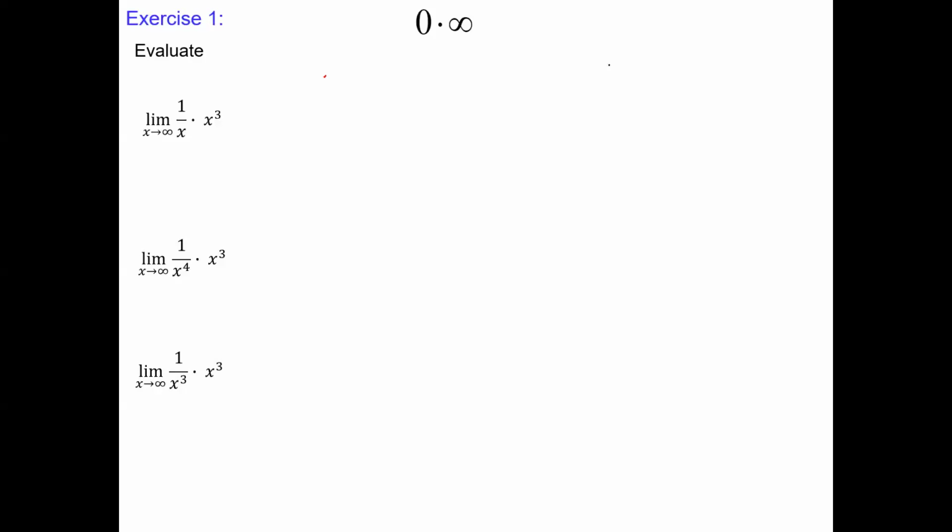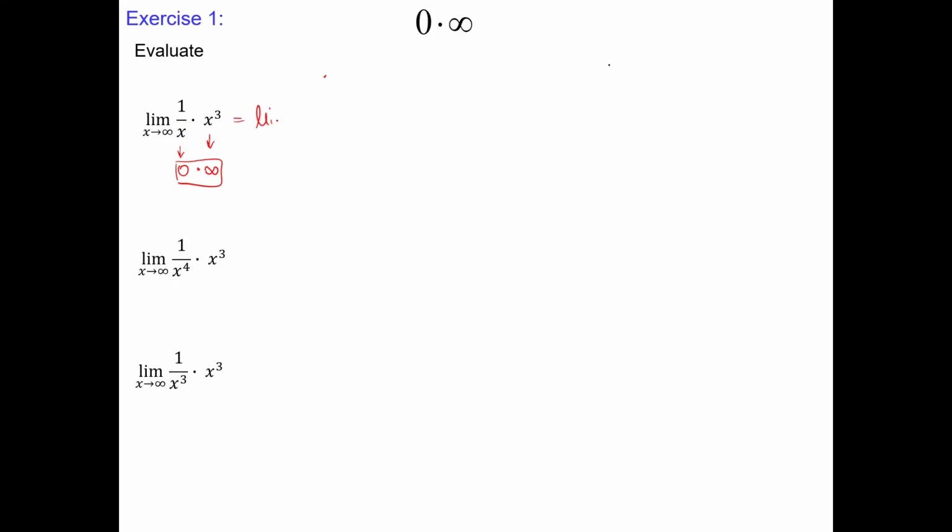We have 3 limits on this page. They are all at infinity. As x approaches infinity, they create the form 0 times infinity, because 1 over a big number goes to 0, and x cubed at infinity goes to infinity. That means we can see this is an indeterminate form.